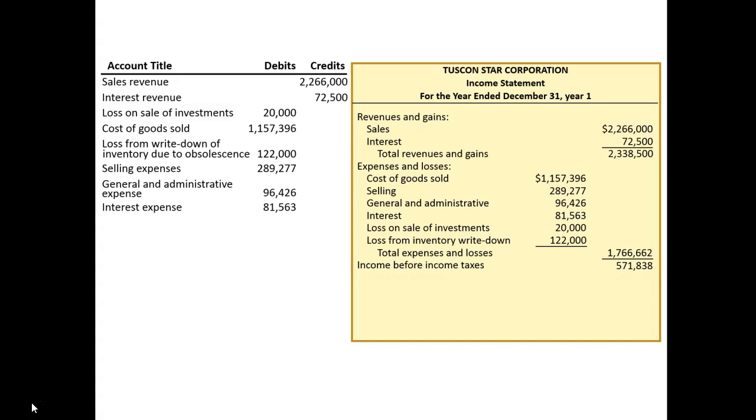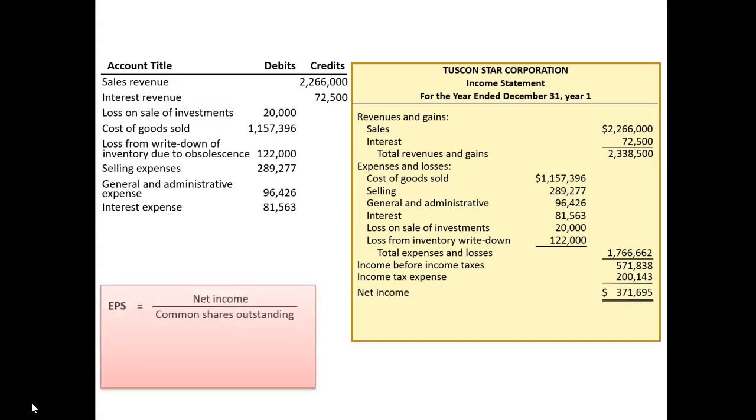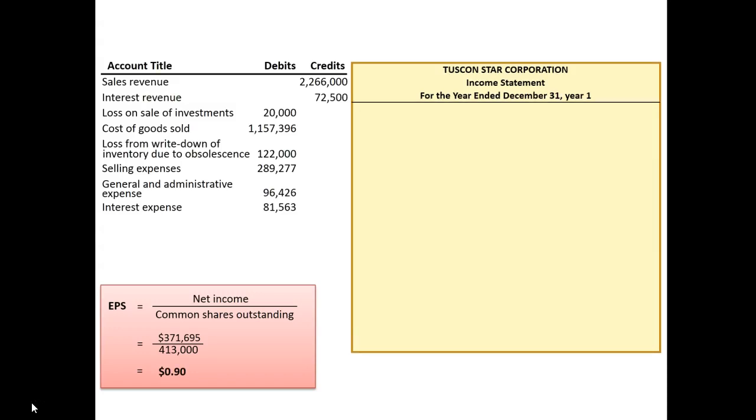From that income before income taxes, we then apply the 35% rate to come up with our net income. Again, our net income divided by the number of shares outstanding would give us our earnings per share.